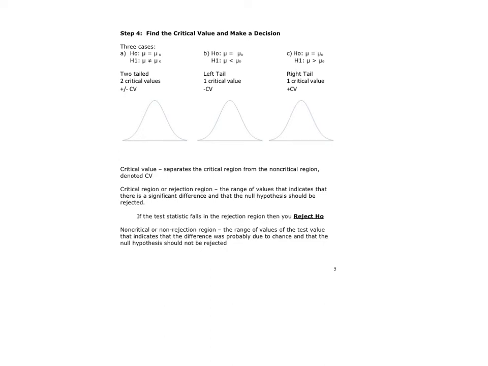Step 4 in our hypothesis test is when we find our critical value and make a decision. This is probably the lengthiest step and really the bulk of the entire process. Again, considering our three cases, the first is our two-tailed test. The area in our two tails is alpha over 2, and the values that separate the critical region from the non-critical region are a positive critical value and a negative critical value.